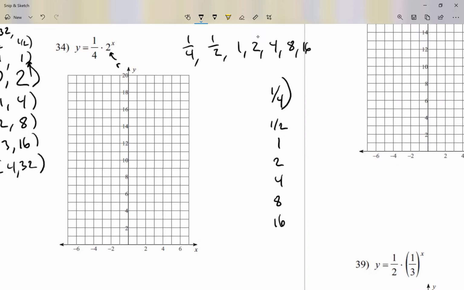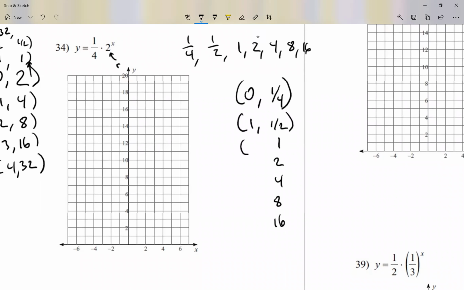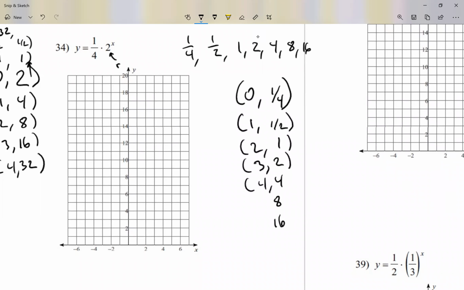Now here, my first point, my x value is 0. Second point, my x value is 1, and then 2, and then 3, and then 4, and then 5, and 6, right? The x value is easy to get. The y value, that's basically what we've been working with.